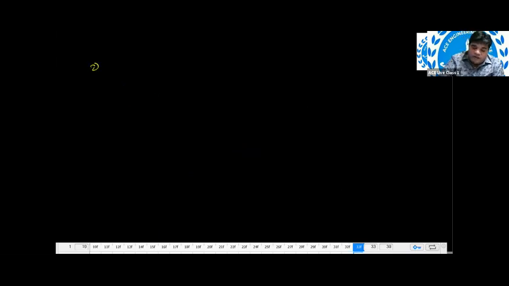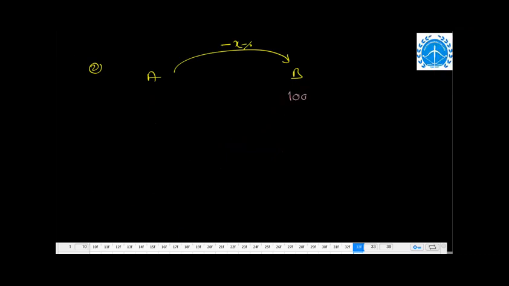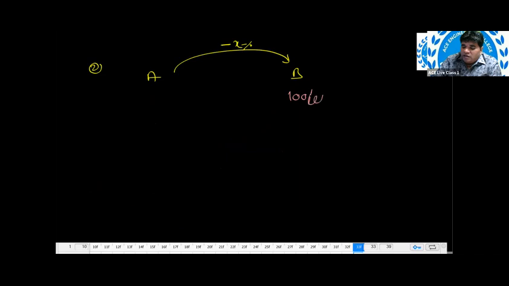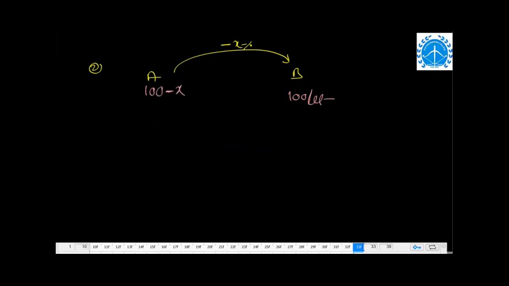Now tell me the second point. A is X percentage less than B. What is the A value and what is the B value? First we take B as 100. So what is the A value then? 100 minus X. Now B is how much more compared with A?